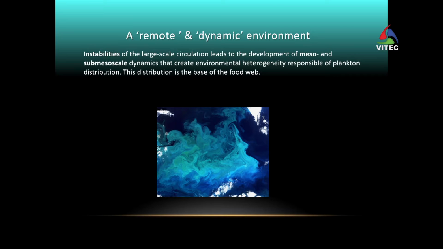Until a few decades ago, the ocean was considered to be a very homogeneous and not so interesting environment. Instead, with the possibility to observe it in a better way, with more oceanographic campaigns and also the availability of spatial observations, we realized that the ocean is a very rich and dynamic environment, and moreover very heterogeneous.